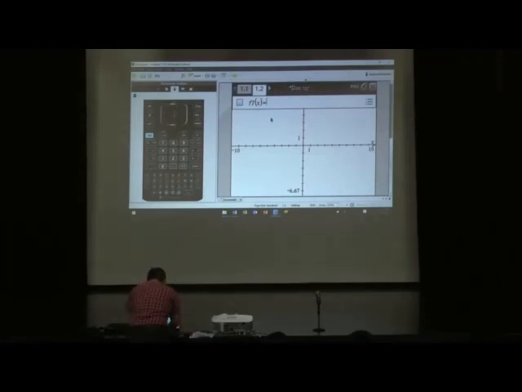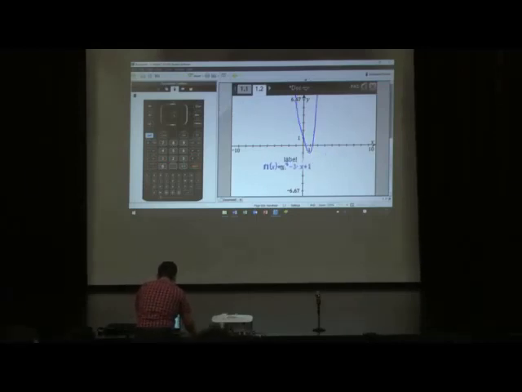Let me type x to the power 4 minus 3x plus 1. Then from here you just need to find the roots of the equation x to the power 4 minus 3x plus 1 equals 0.